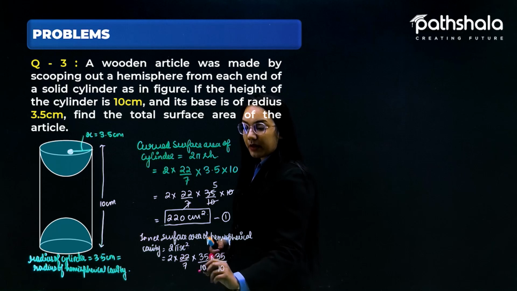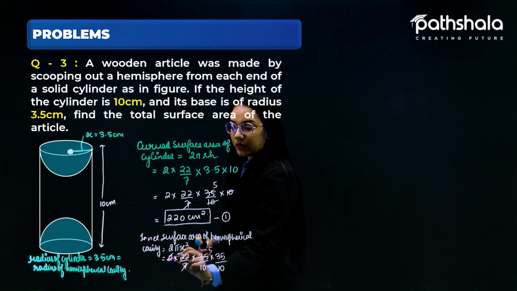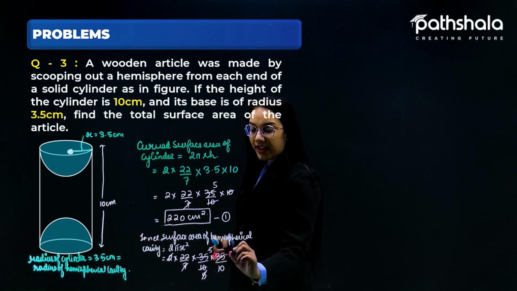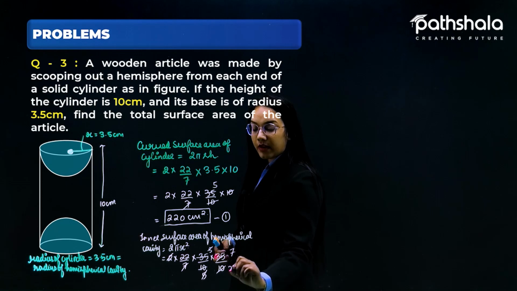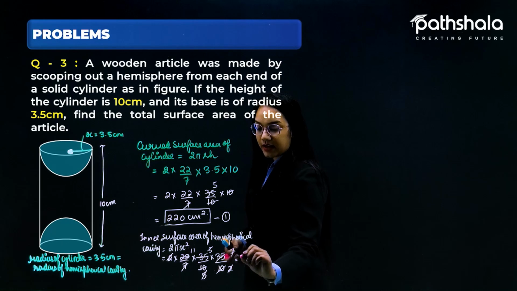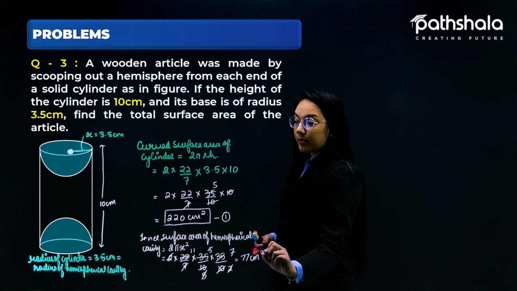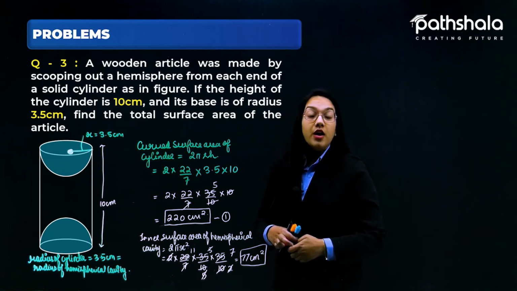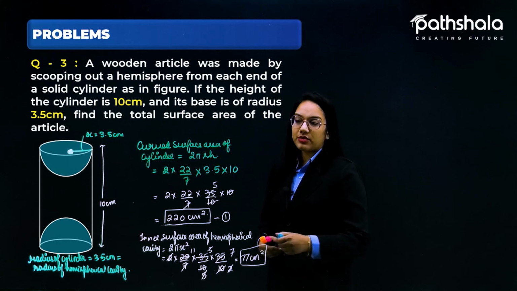The 7 and 5s cancel with each other, and we are left with 11 into 7, and the answer at the end is 77 centimeter square. So by applying the inner surface area of the hemispherical cavity, which is 2 pi r square, we get 77 centimeter square.